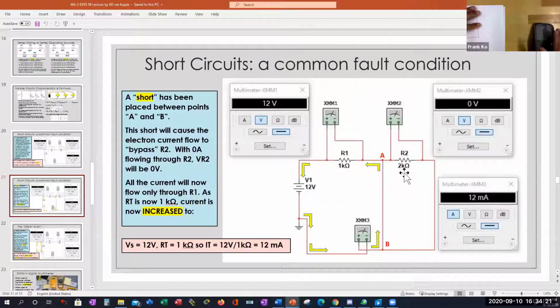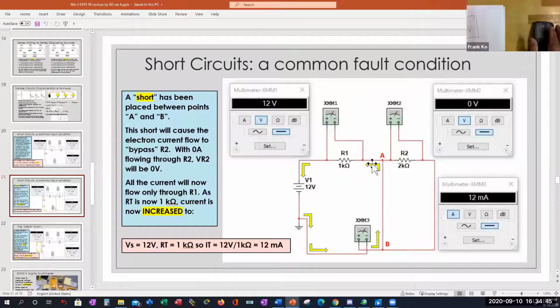If you're driving this bus called current, which path are you going to take? Are you going to take the easy path of 0 ohms, or are you going to split and take this hard path of 2,000 ohms? You're going to bypass the 2,000 ohms. You have no interest going down this path. You're going to come straight up.